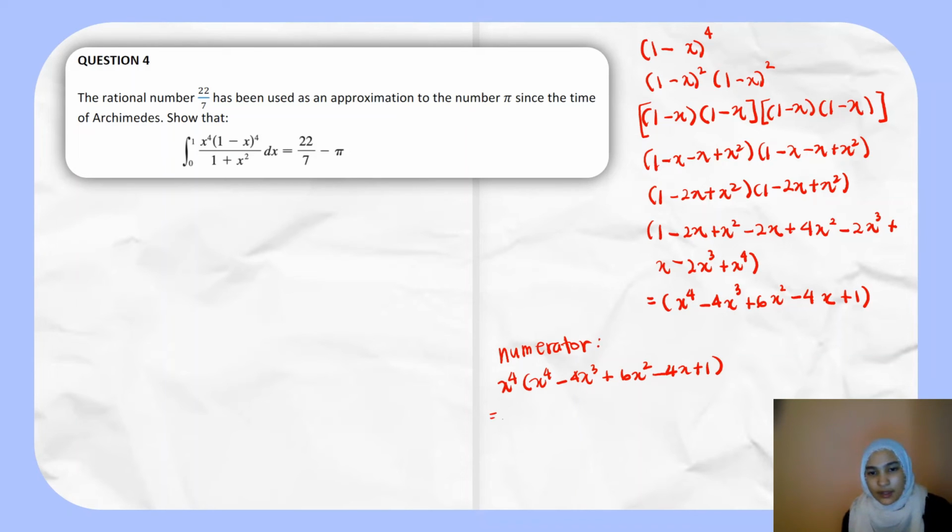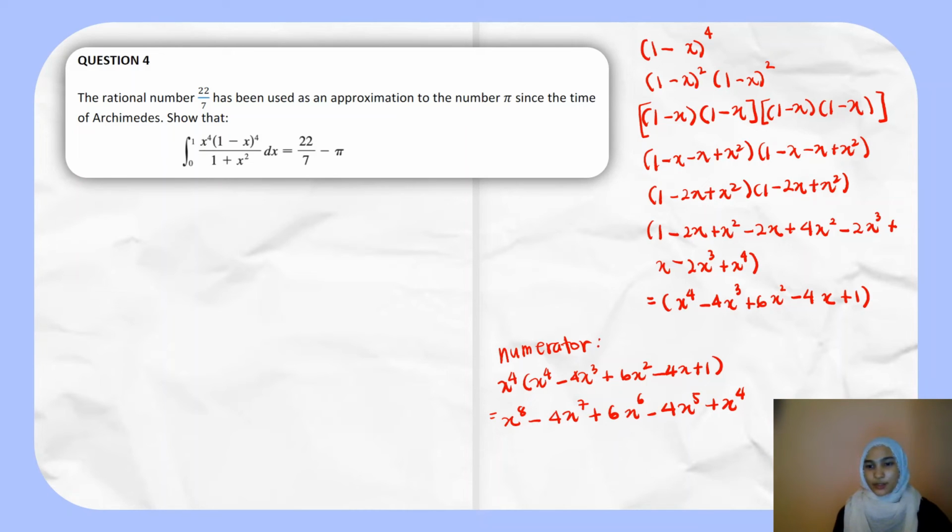So you will get x to the power of 8 minus 4x to the power of 7 plus 6x to the power of 6 minus 4x to the power of 5 plus x to the power of 4.